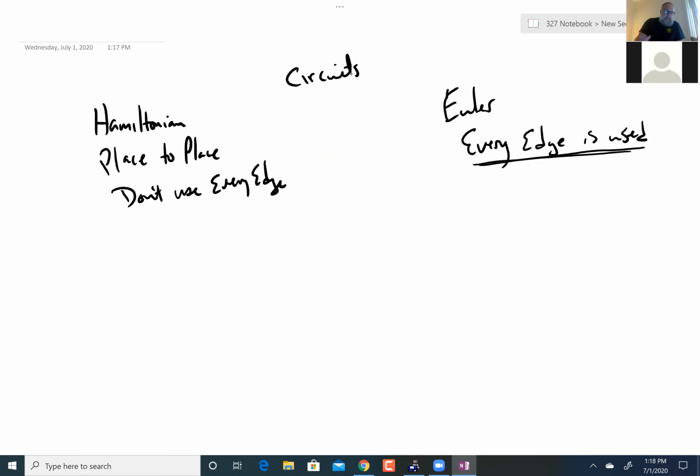Versus a Hamiltonian circuit, where I'm out running errands, buying groceries, that sort of thing. But again, just like we talked about with circuits, it doesn't matter on an Euler. I just need to get back home because it's all about the roads. And so the roads might be 80 miles long in town. I'm going to go over all 80 miles of road. That's my job, is to clean them all.